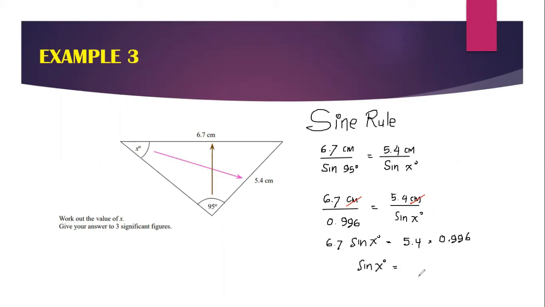So sine x degrees is, we have to multiply 5.4 times 0.996. We got 5.379, over 6.7, right?